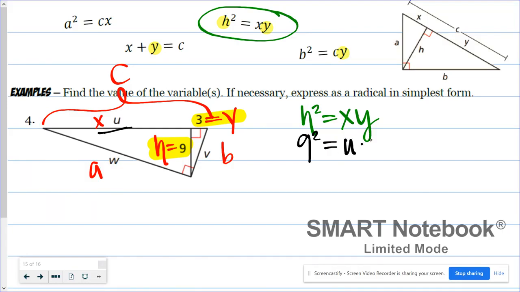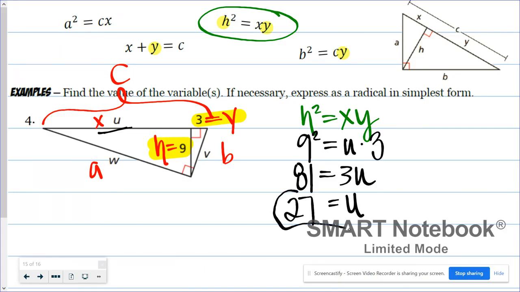And Y is equal to 3. So we have 9 squared equals U times 3. So that means 81 is equal to 3 times U. And that means that U has a value of 27. Okay. So that's 1 variable down, 2 more to go.